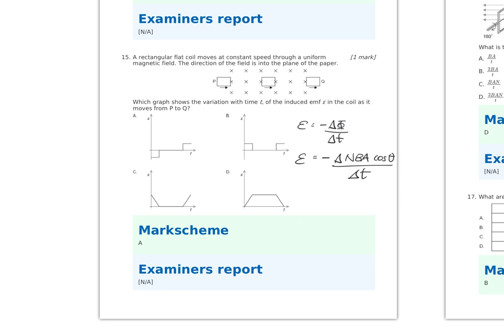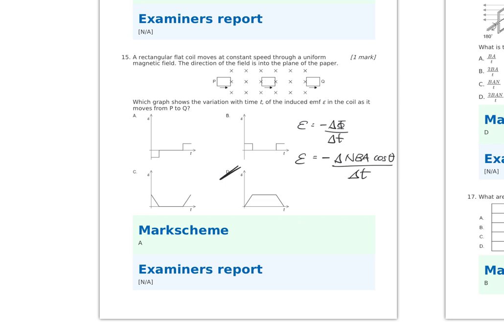There's no change in the area of the coil, and there's no change in the orientation between the magnetic field and the area vector. So while the coil is passing through the midst of the field, there actually will be no EMF induced. So that eliminates D. But we still have A, B, and C to deal with.